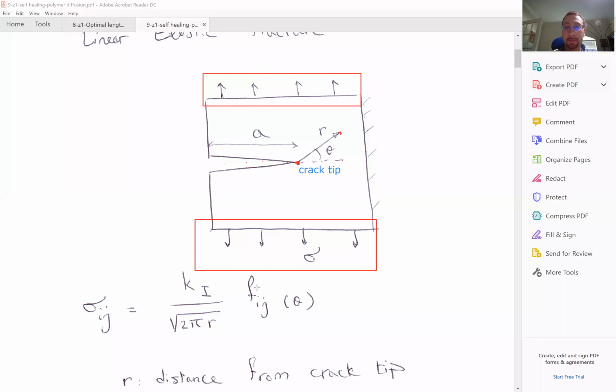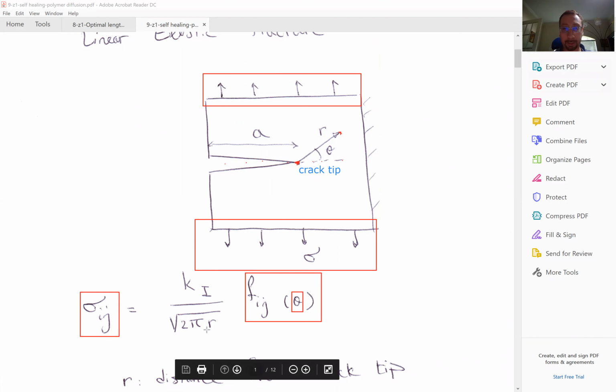This is a non-dimensional parameter, which is a function of theta. We don't want to go into the details of this. And sigma ij are the different components of stress. The dependence on r is outside this function f, inside this square root.